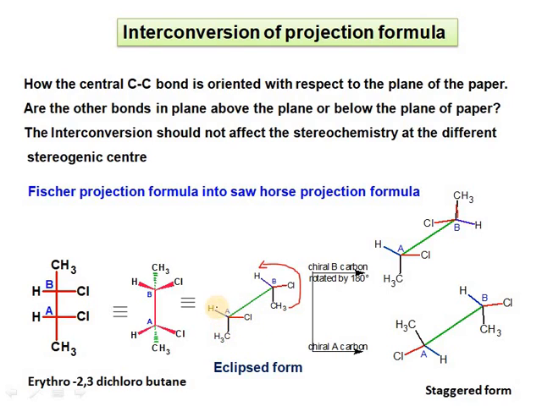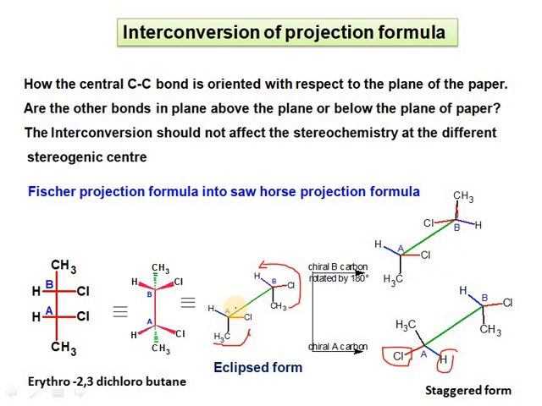Then what happens? If we rotate this carbon by 180 degrees like this, what will happen? Anti-clockwise rotation. Then chlorine will go to the left side and hydrogen will go to the right side. Look here, this chlorine is on the left side and hydrogen is on the right side. So which type of conformation is this? One conformation is made by rotating one carbon. So A carbon gives this type of conformation.